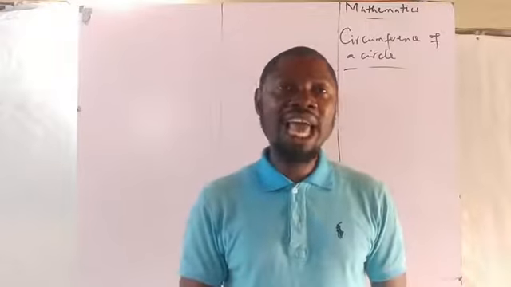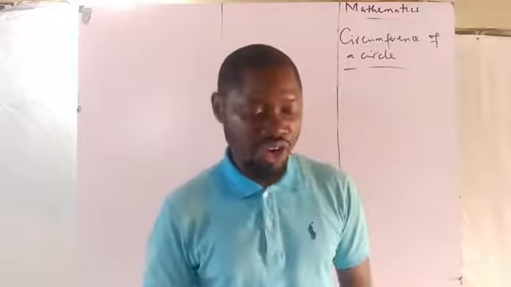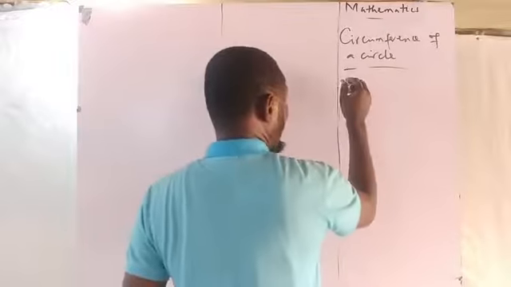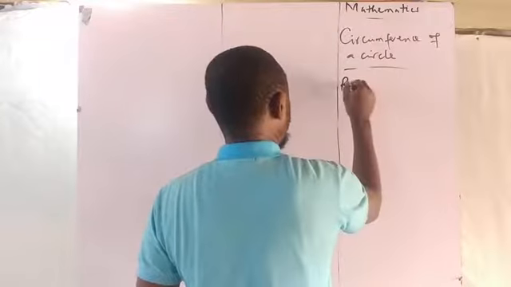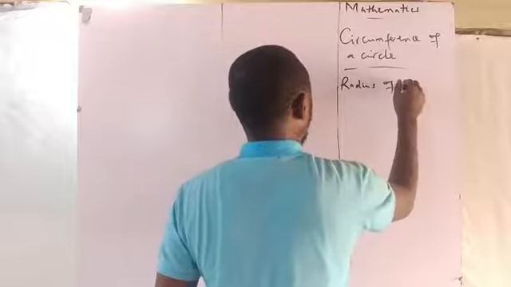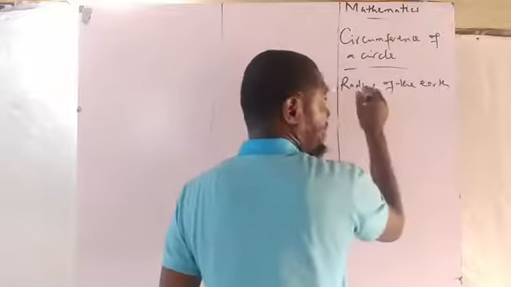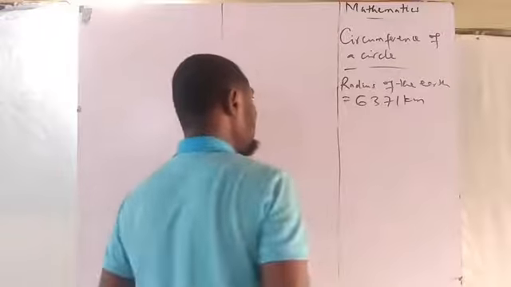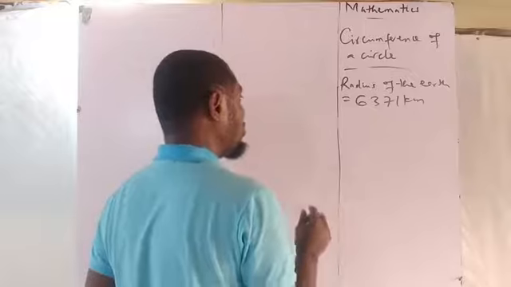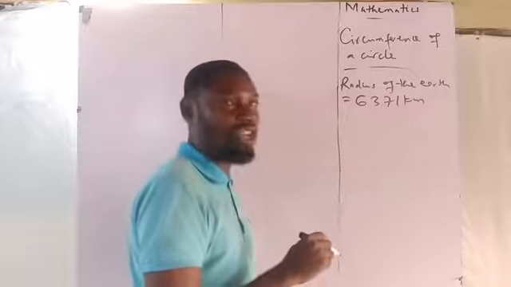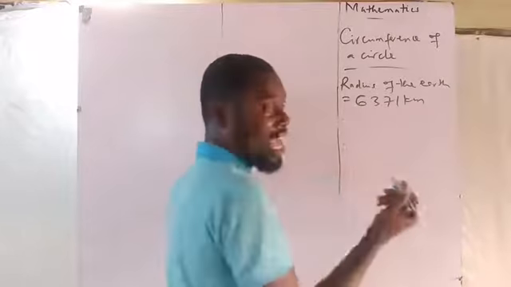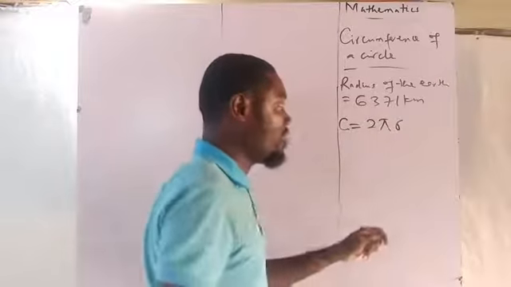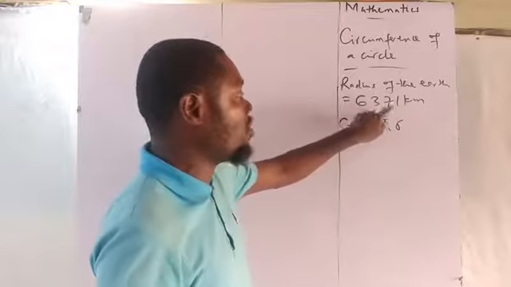If you know that the radius of the earth is 6,371 kilometers, you can apply that in your own concept by finding the circumference of the earth, knowing that the formula is C is equal to 2 pi r. I've given the radius of the earth as 6,371 kilometers.